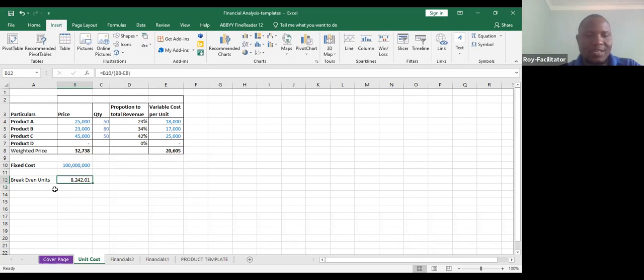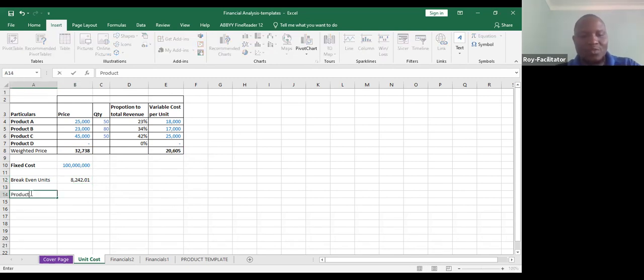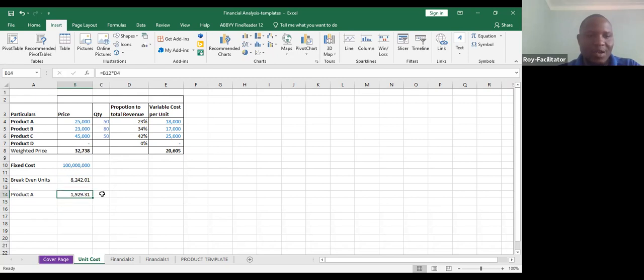So that gives you 8,242. If you want to know how many of product A you need to do, that will be equal to this times the percentage of contribution of product A, and that will give you, for product A, the number of units to break even.